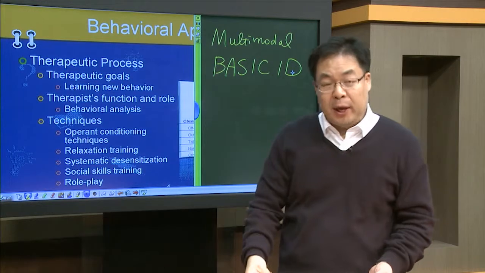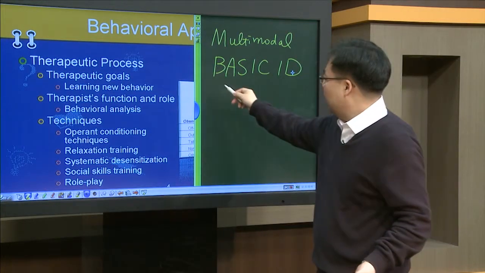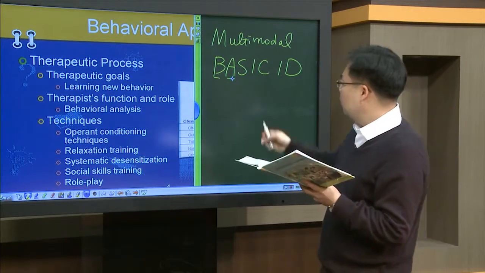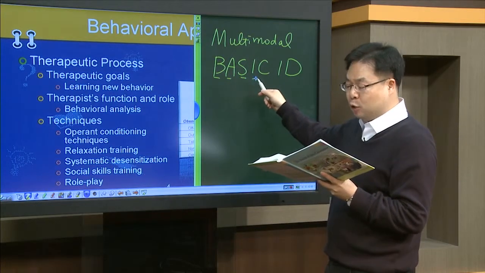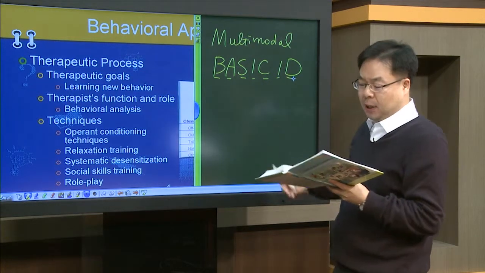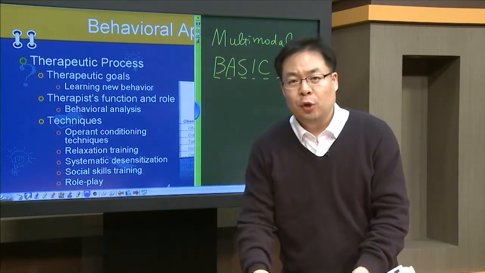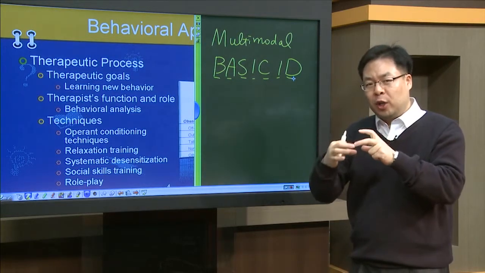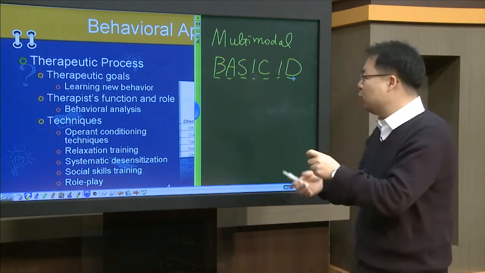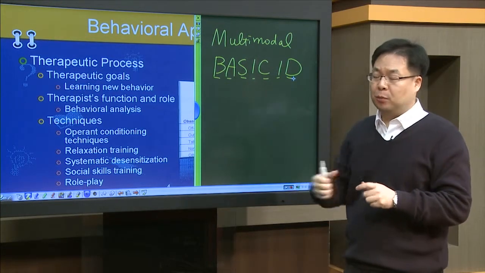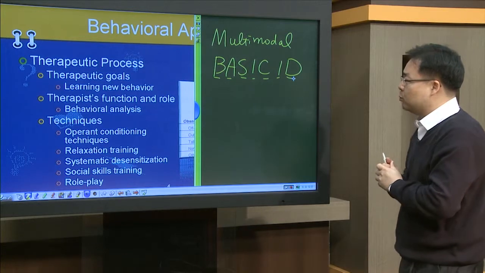B is behavior, A is affect, S is sensation, then imagery, cognition, interpersonal relationship, and drug and biology. In this perspective, it focuses on changing client behavior by using this framework. It's a pretty comprehensive approach, and a pretty recent approach in the behavioral perspective.